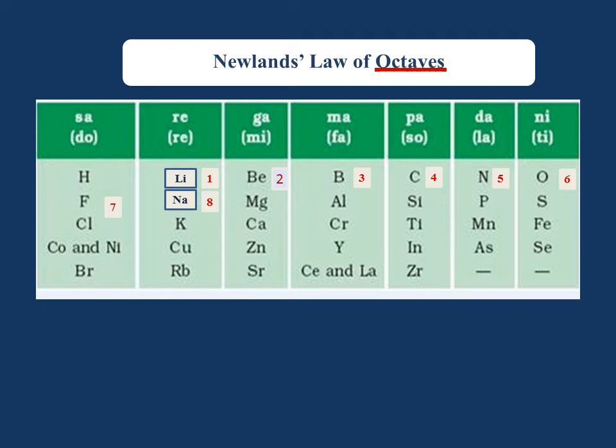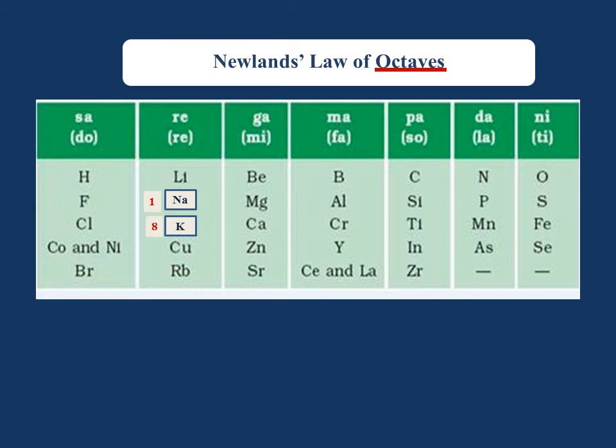And the properties of lithium and sodium are quite similar. And if we take sodium as 1, then the eighth one is potassium, and the chemical properties of sodium and potassium are almost similar.